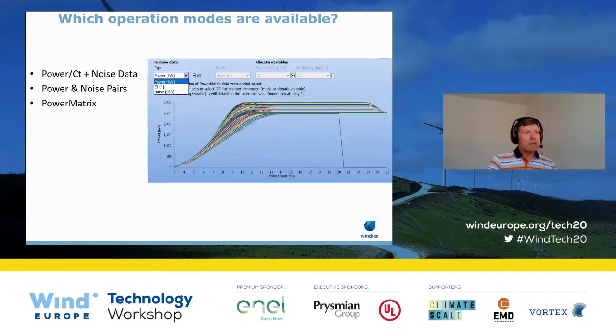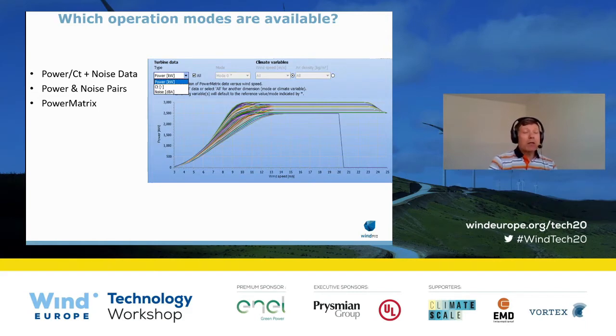The most recent addition to our family of data sets is what we call the power matrix, which is a very powerful tool because it's essentially a multidimensional matrix containing still the standard, so-called expected power, thrust curves, and noise data, but they are also provided for multiple air densities.